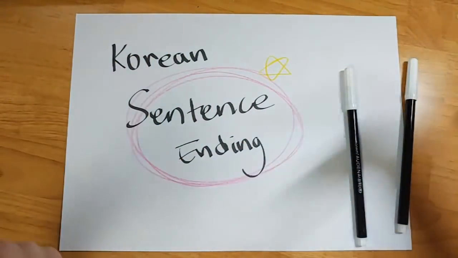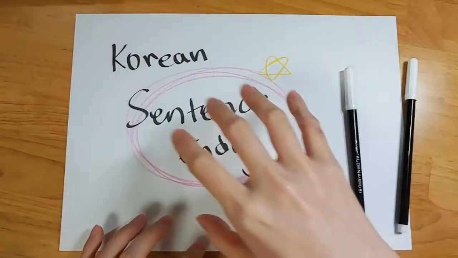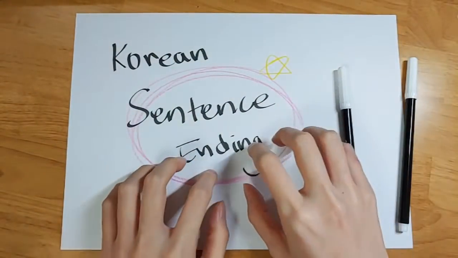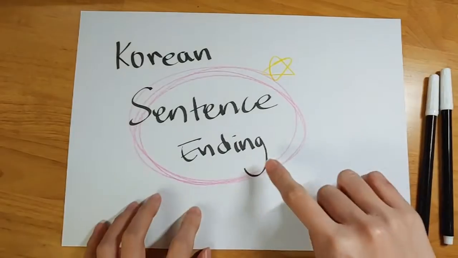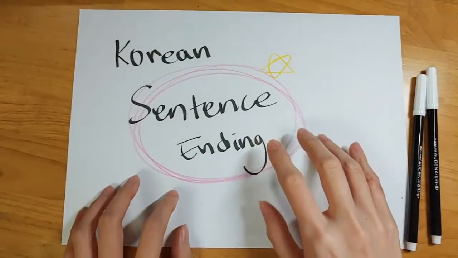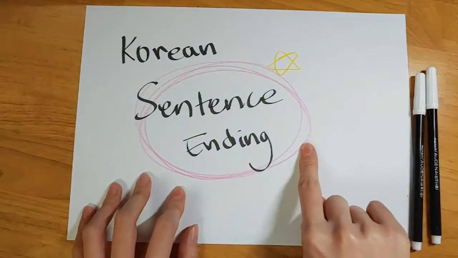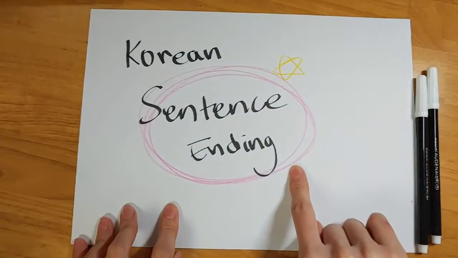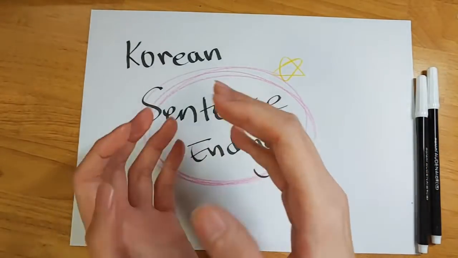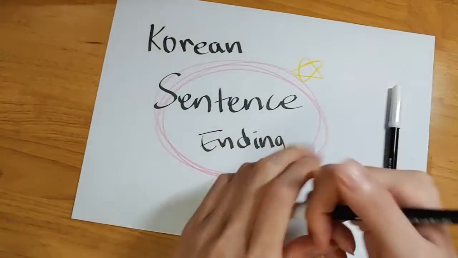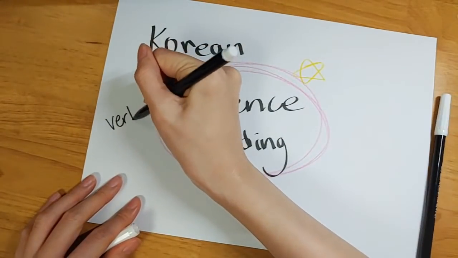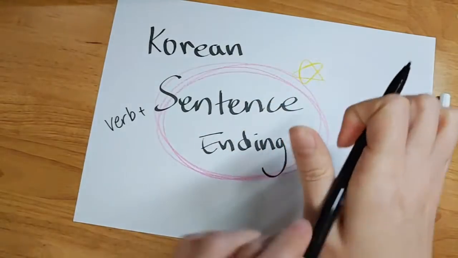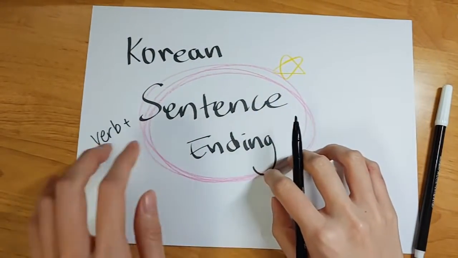To briefly explain, as you can see by its name, a sentence ending is what is placed at the end of the sentence. Hence, the sentence ending gets combined with the verb, because verbs, we learned, are the very last element in a sentence. So inevitably, it gets combined with the verb.